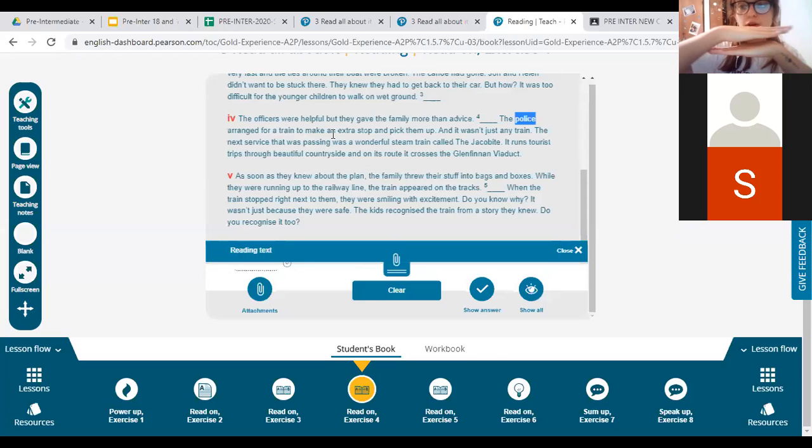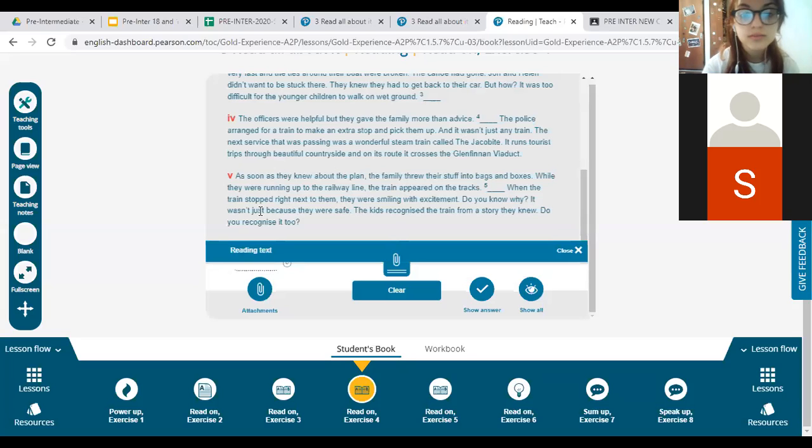They have fixed stops. They always stop at the same places. But they made an arrangement for the train to make an extra stop and pick the family up and take them to a safe place. But this is not an ordinary train, right? What is this train called? The Jacobite. Very good. And it's usually a tourist train. So let's see why this is not an ordinary train.